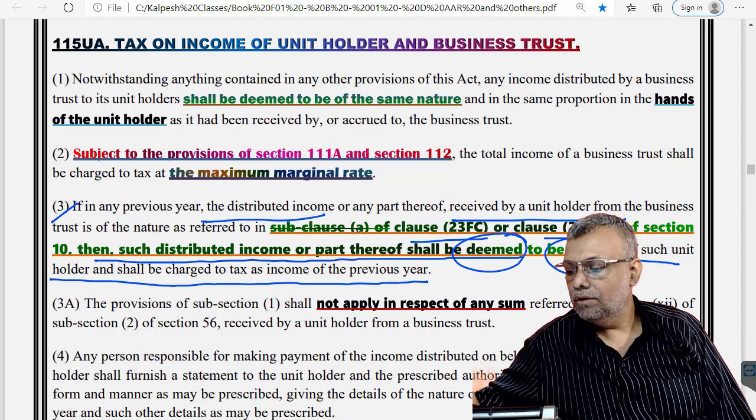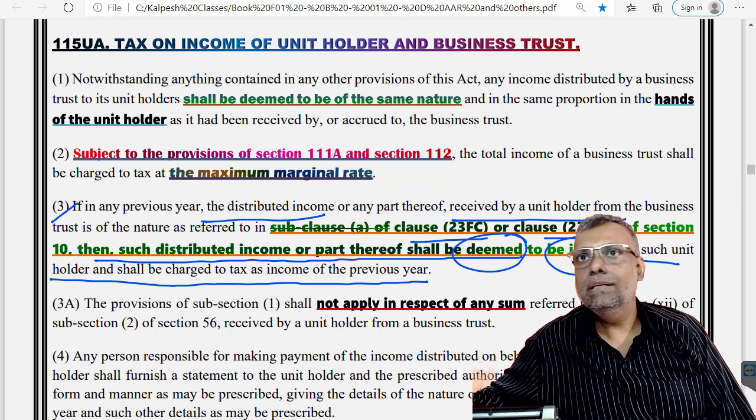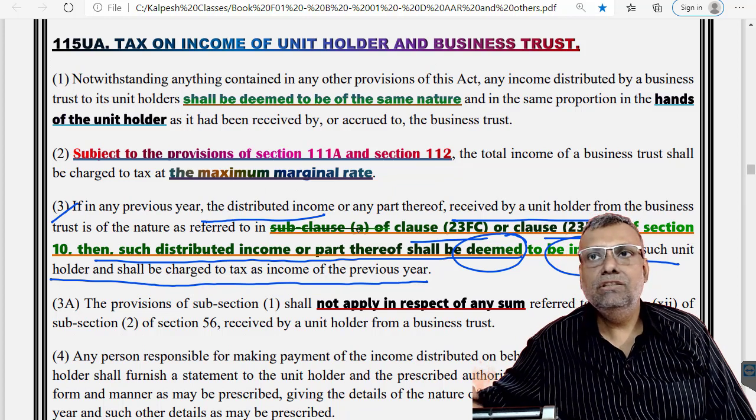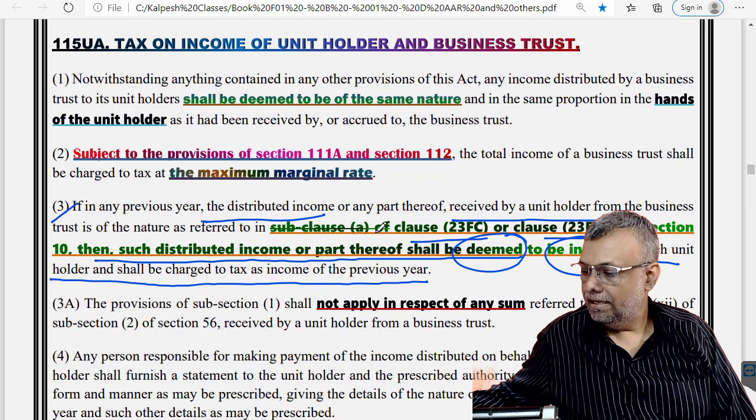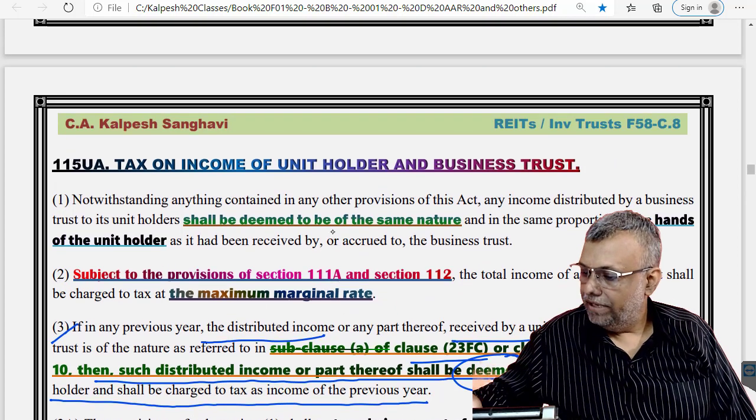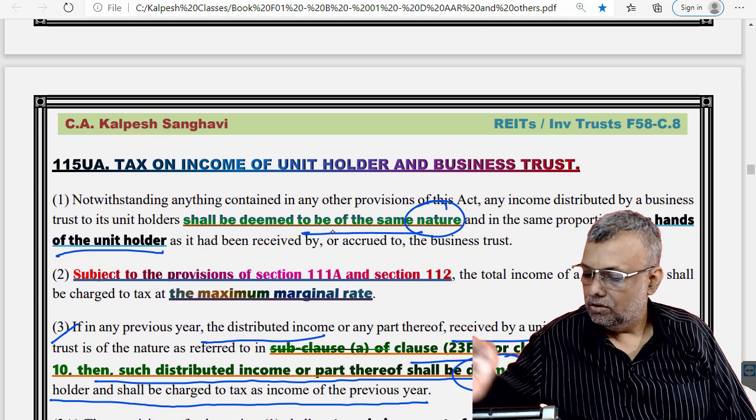So this particular clause makes it very clear that whatever exempt incomes are distributed will be deemed to be the income of the unit holder. It's very much clear, and it will be in the same nature in the hands of the unit holder.